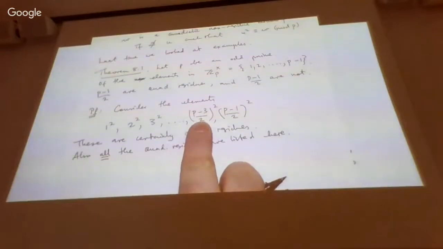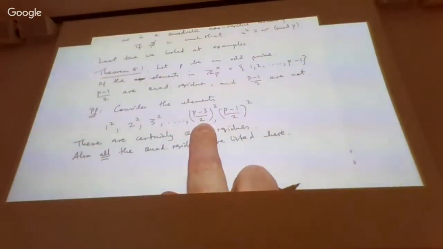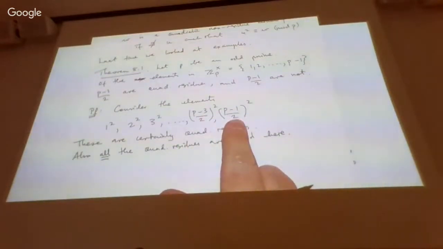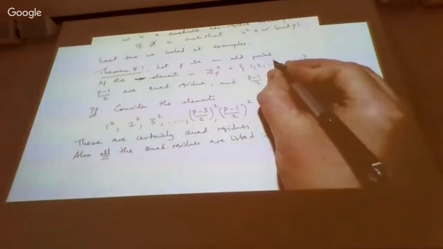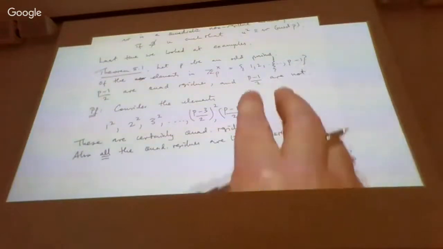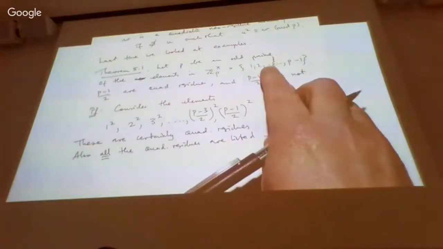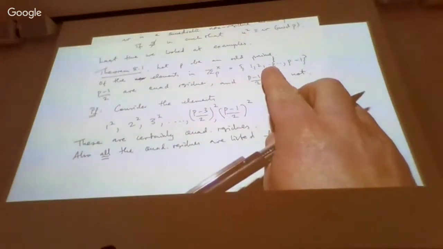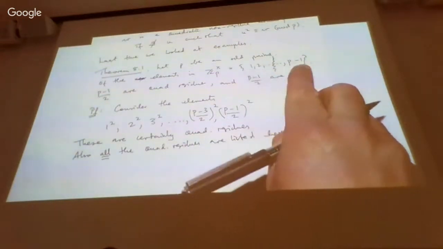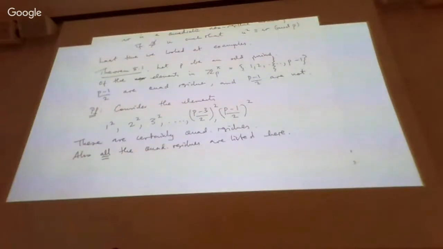So P minus 3 over 2 is the integer before P minus 1 over 2. So I've just split the elements here into the first half, which is 1 up to, and the last one in the first half is P minus 1 over 2. The P minus 1 elements split into two halves.